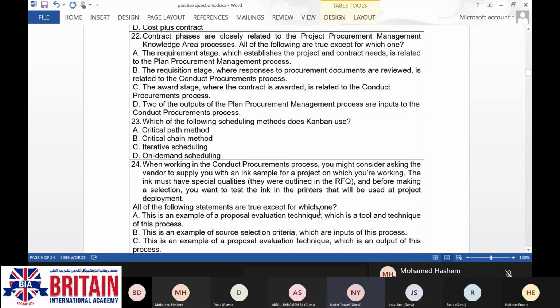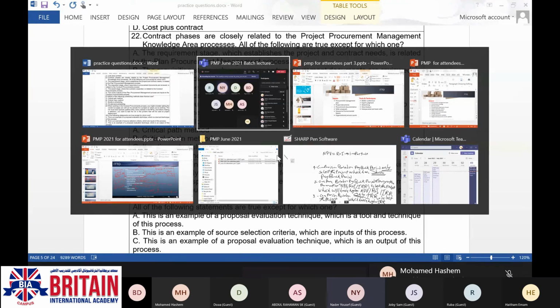On-demand schedule. And I remember it's related to lean. Kanban, which of the following? Iterative scheduling? No, no. It's from the first sessions.